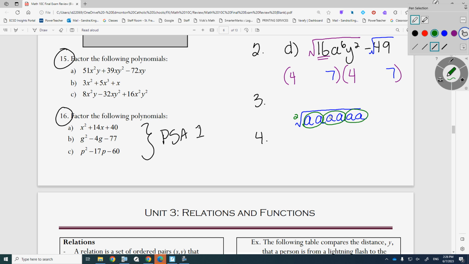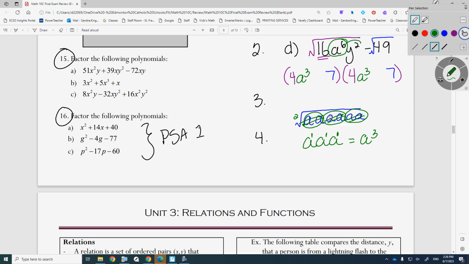For every pair, how many did we always take out? 1. So an a would come out, an a would come out, an a would come out. That leaves me with a times a times a, add the exponents, and you'd get a cubed. So the square root of a to the 6 is a to the 3.